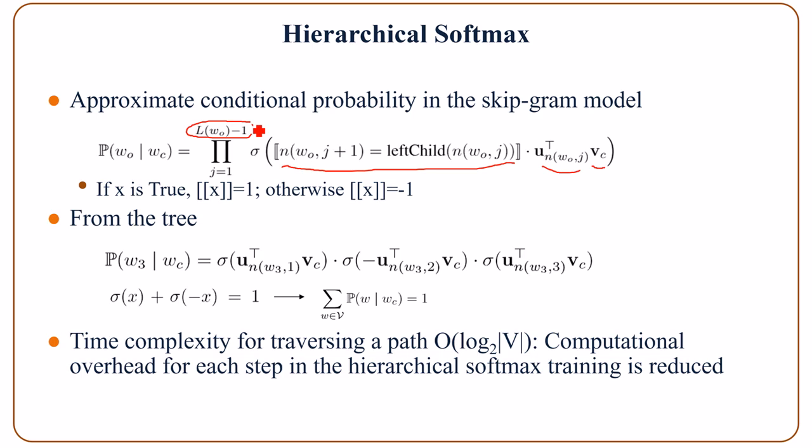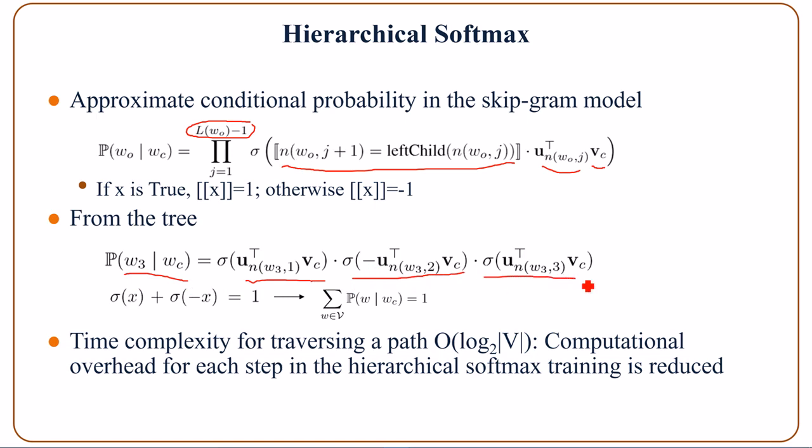Let's take an example. From the tree, we calculate the probability of the context word W3 given the target word WC. So we apply the approximation, and what we get is this. This is when we traverse to the left, and this is when we traverse to the right, and that's why we see the negative sign.